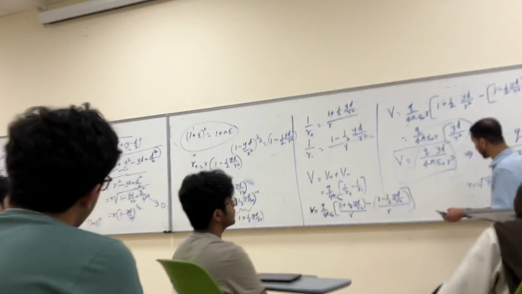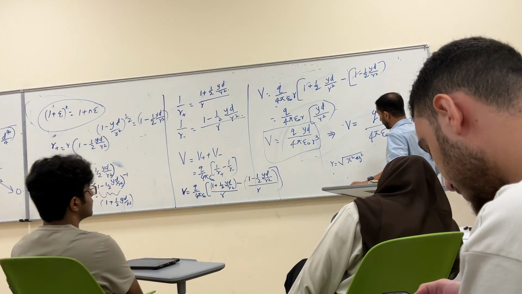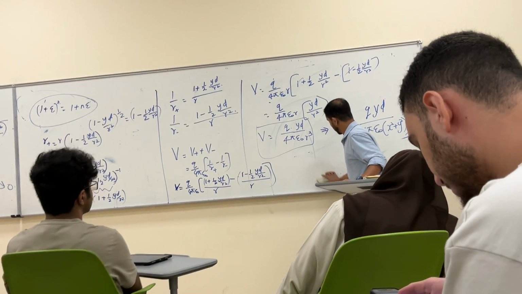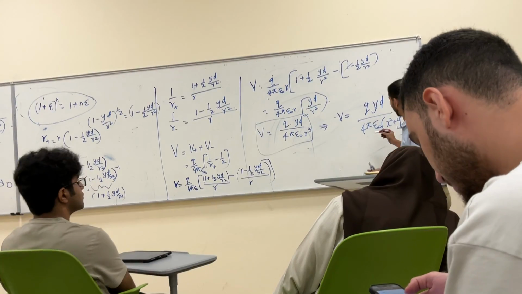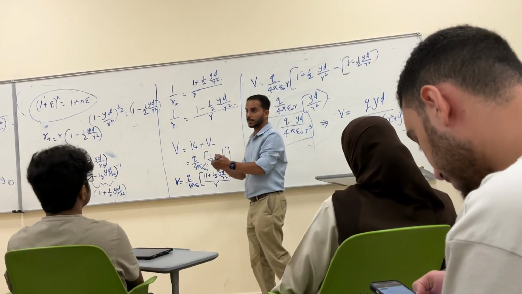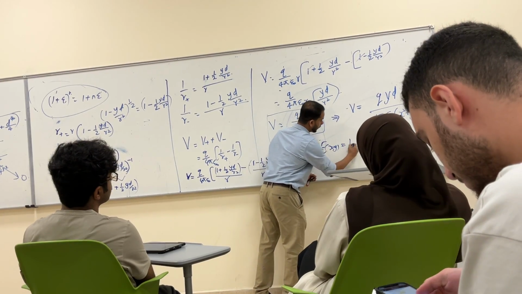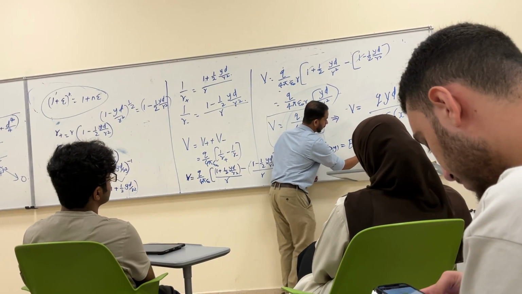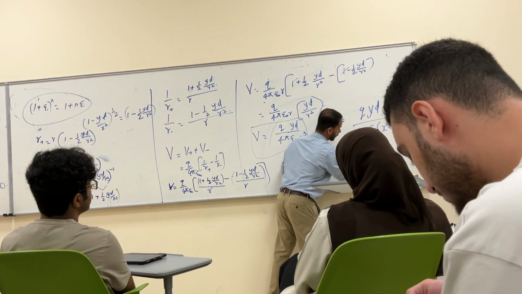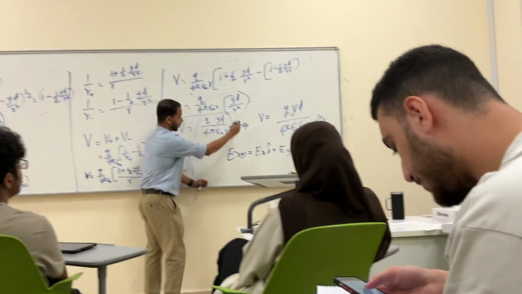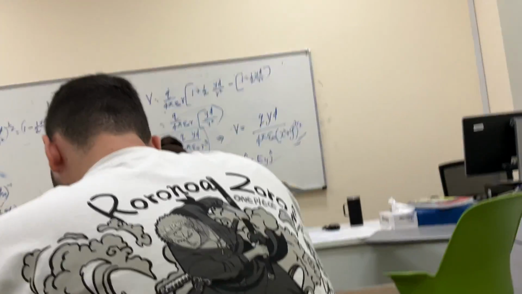Now, how do I find the electric field from this one? I have a two-dimensional problem, so the electric field will be Ex i cap plus Ey j cap. So Ex will be minus del V over del x.